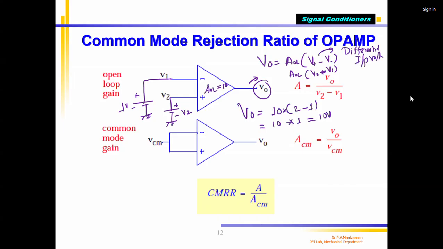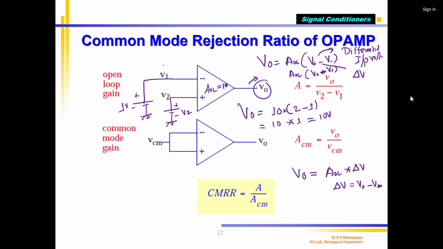Note down. Any op-amp you take has 2 input terminals. It always finds the differential voltage, which I can call delta V. I can say that V0 equals A0L multiplied by delta V. What is delta V? It is nothing but V plus minus V minus, that's what the books do. In this case, I'm saying V2 and V1.